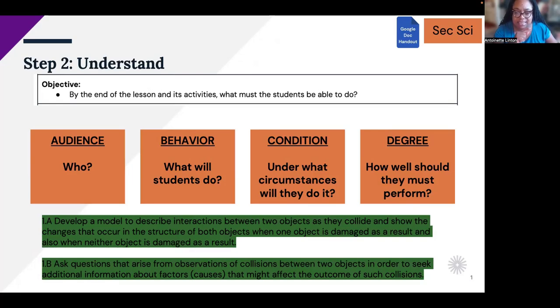A strong lesson doesn't just ask students to think deeply, it also creates pathways that allow students to engage in the thinking itself. And then finally, degree tells us how we want students to perform, right? This is what makes the learning measurable. Degree helps clarify what counts as evidence that learning actually happened.